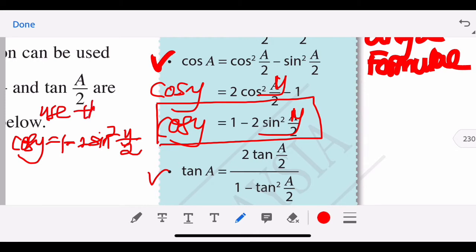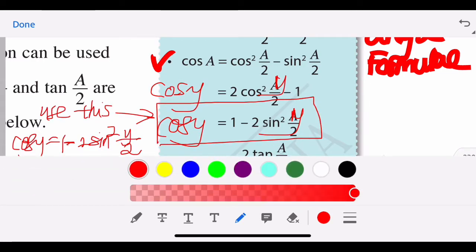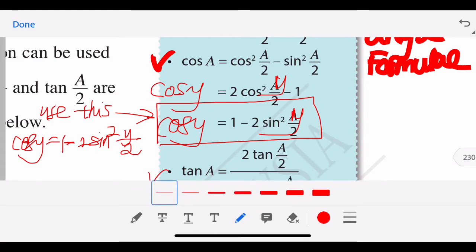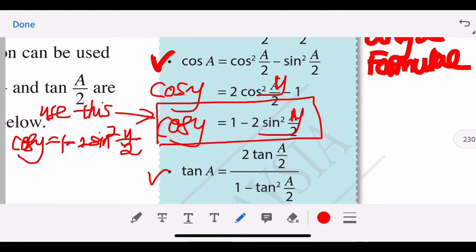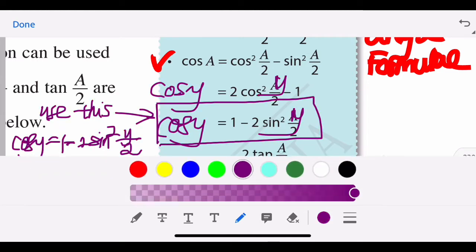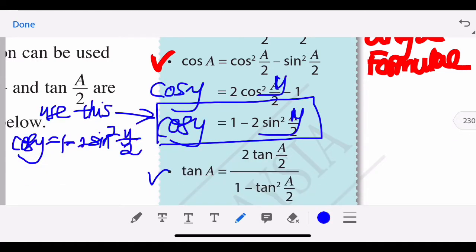I'm going to use this formula to substitute into my equation later. So we'll use this one as our formula. Okay, alright, so you can jot down this formula and try to memorize it if possible.